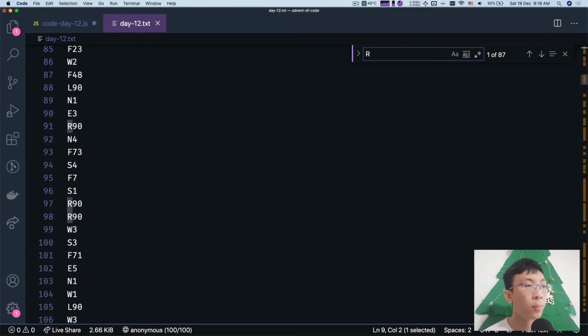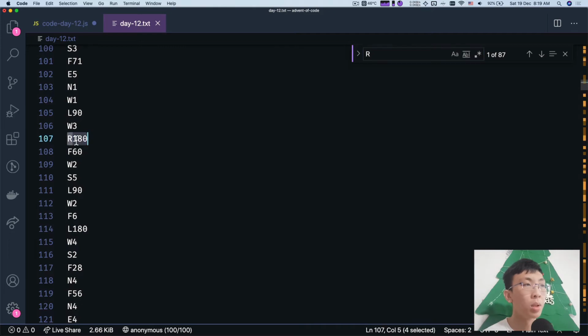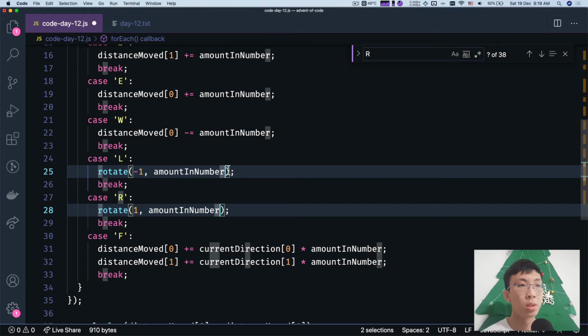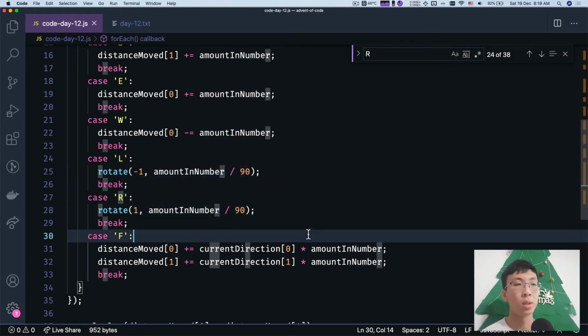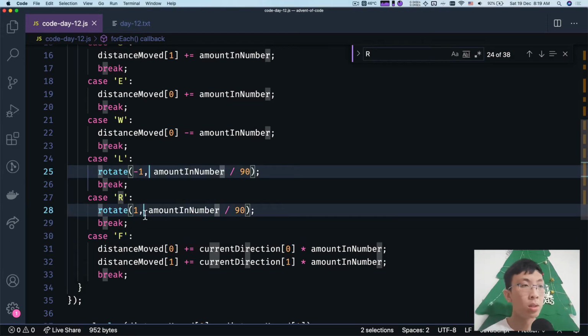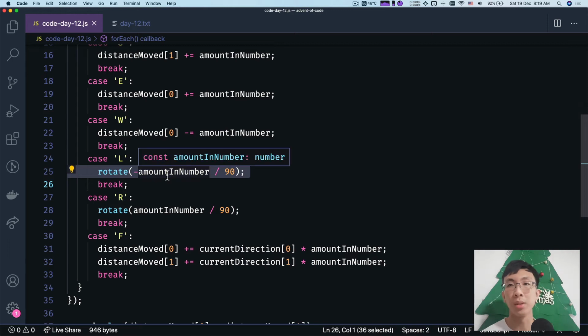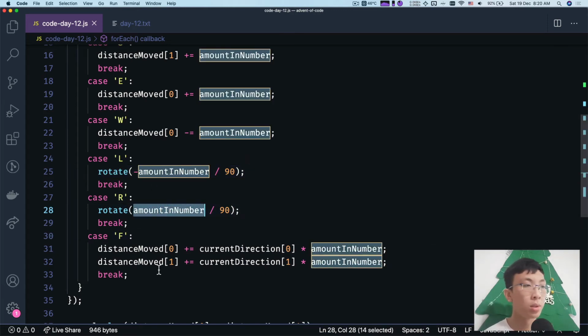It's more of a multiple of 90 degrees. So what I do here is divide it by 90, so that I can get, and to make it easier I also multiply by negative. Now it's -1 if it's 90, -2 if it's 180. And the same thing goes for R.